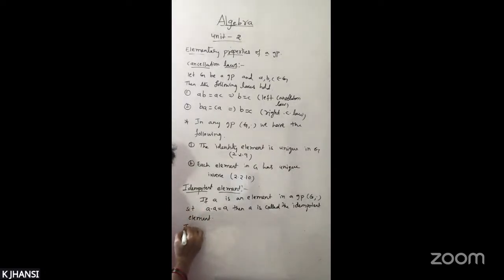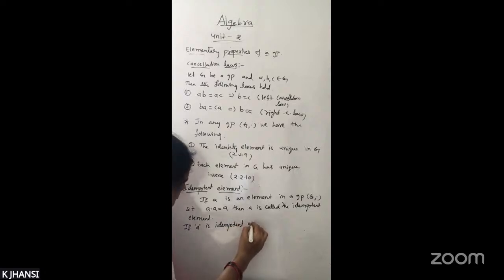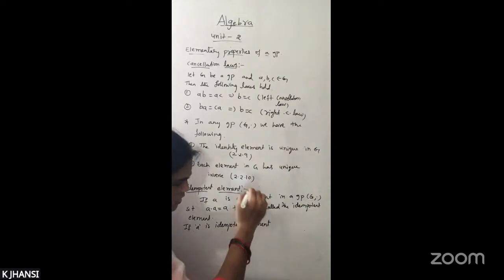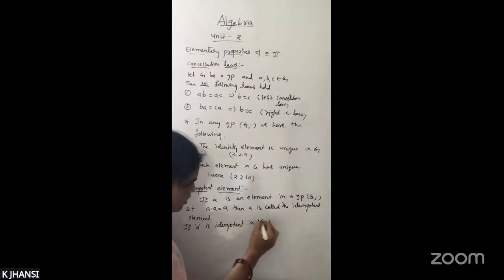Okay, if small a is an idempotent element, you can write it as an idempotent element in G comma dot.